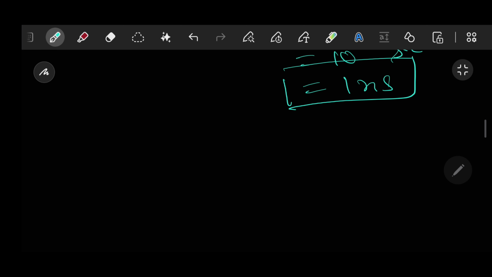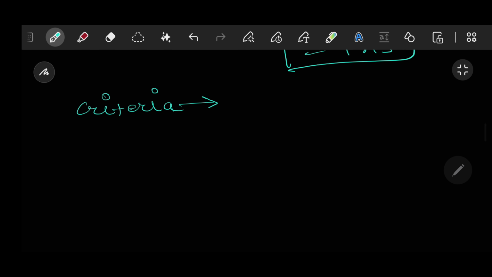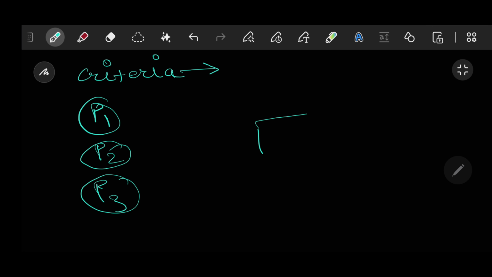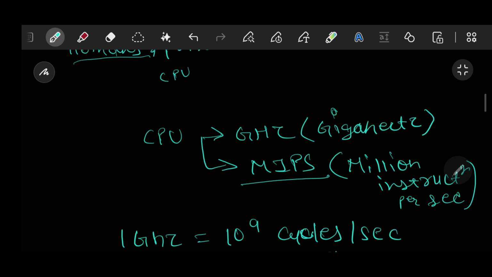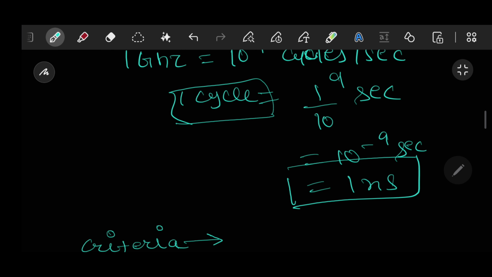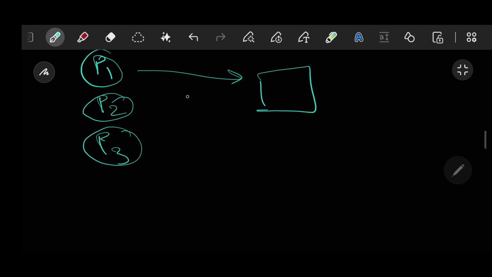So let's discuss how the CPU scheduler works. First of all, there are different criteria. There are different processes happening inside our computer, let's say P1, P2, P3. These are different processes that want the CPU. They all need the CPU.